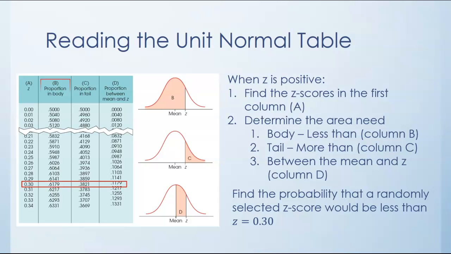Then we look in column B, and the probability that something would be less than 0.30 on our z-score is 0.6179, or if we multiply by 100%, 61.79%. So there's a 61.79% chance that somebody's score would be below a z-score of 0.3.